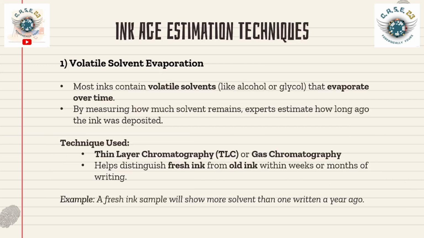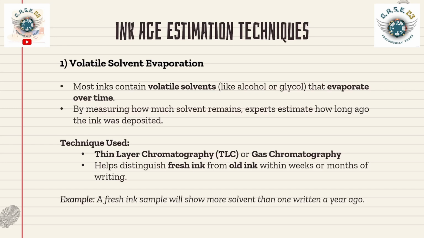Now let's get into the first technique used to estimate the age of ink. It is called volatile solvent evaporation. It may sound complex, but don't worry, it's actually quite logical. Most inks contain volatile solvents like alcohol or glycol, which are chemicals that slowly evaporate over time once the ink is written on the paper. So here's the idea. When the ink is freshly written, a lot of solvent is still present on the paper.